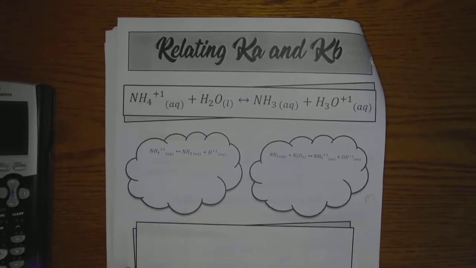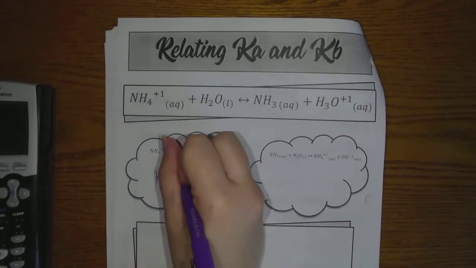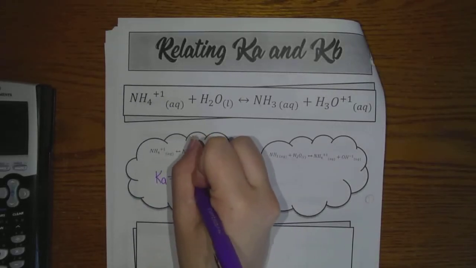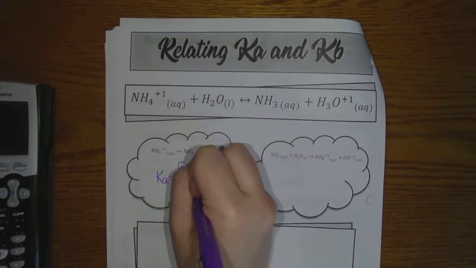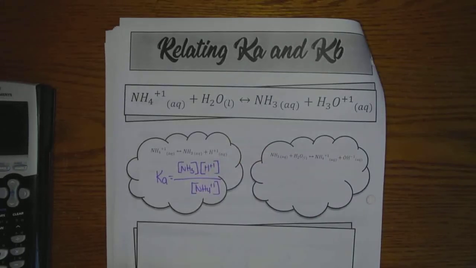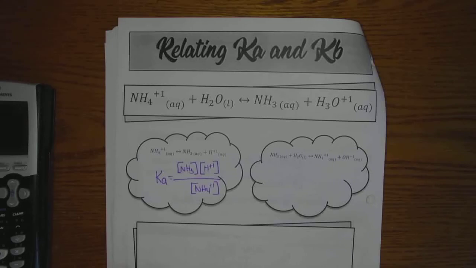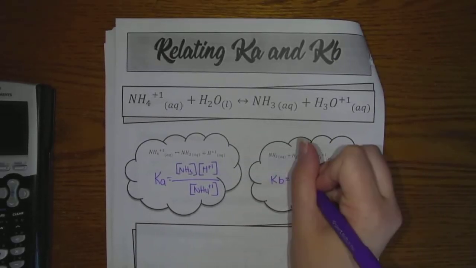If we write the acid form of this equation and write about the Ka, this is what we would get. Now if we write the Kb, this is what we'll get.